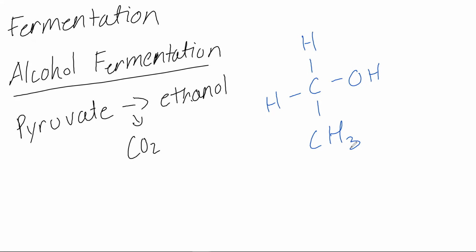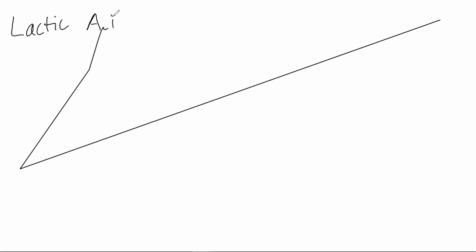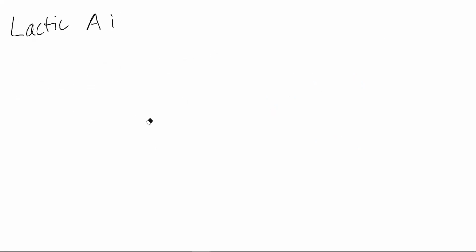All right, everybody understand alcohol fermentation? Yes, sir. All right. So now we go over the other kind of fermentation, lactic acid fermentation. Marcus? Yes. So alcohol fermentation is when the pyruvate can't really do anything, right?